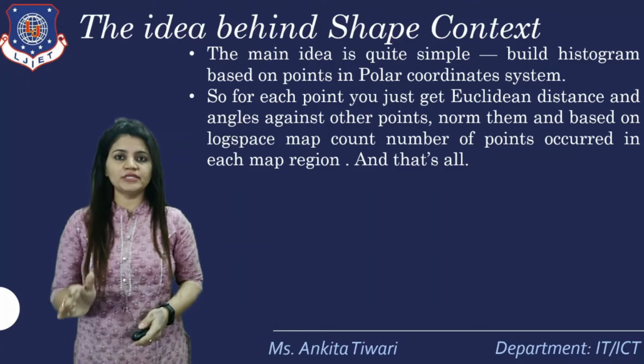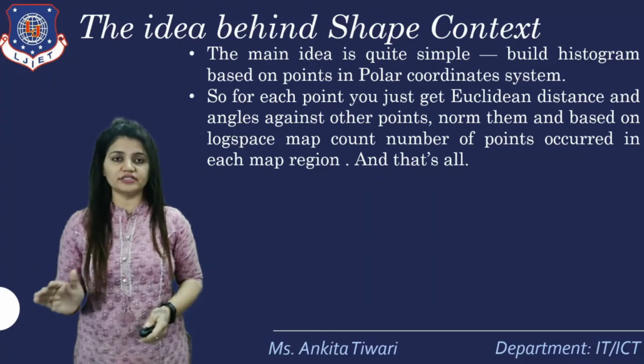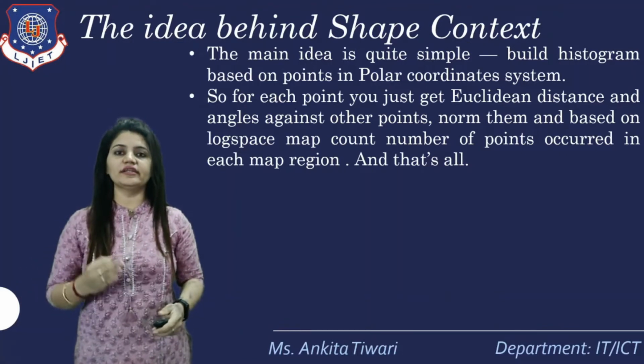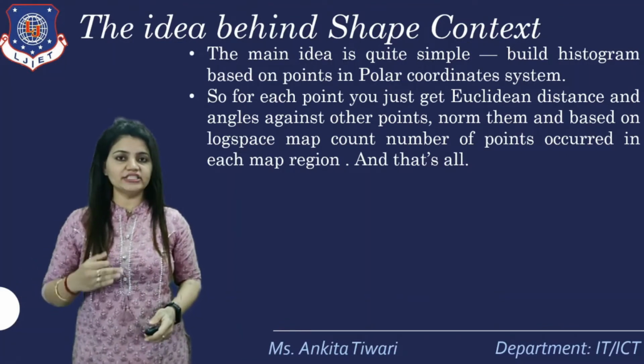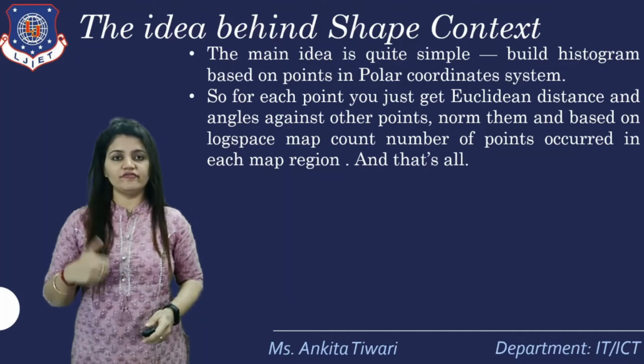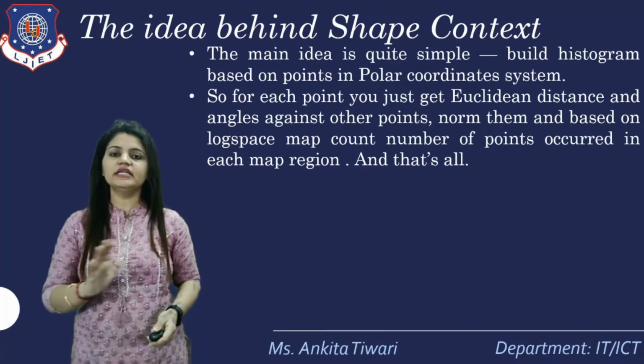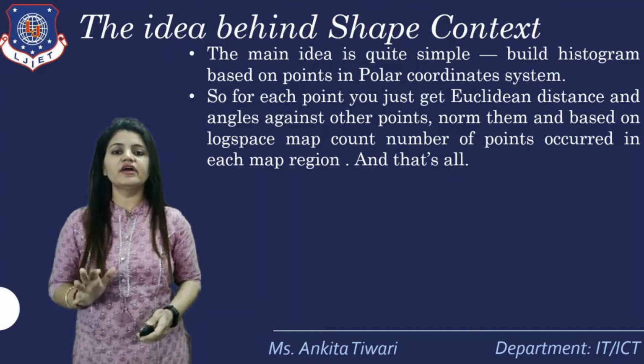Whenever we consider the Euclidean distance with respect to rotation and translation, we need to calculate the distance and the angles at each and every point. We have to norm them, and then based on the log space map, count the number of points that occurred in each of the regions that we have made.